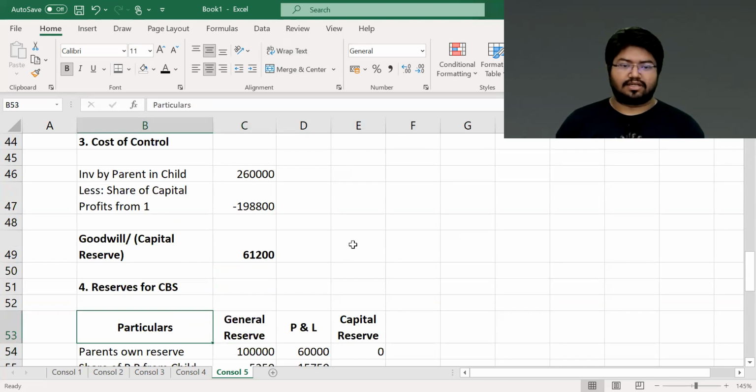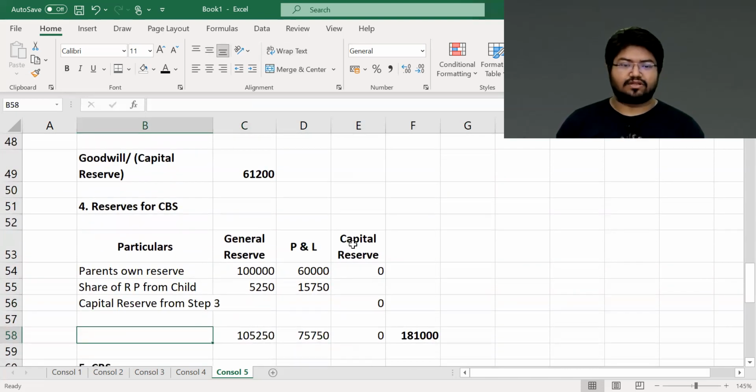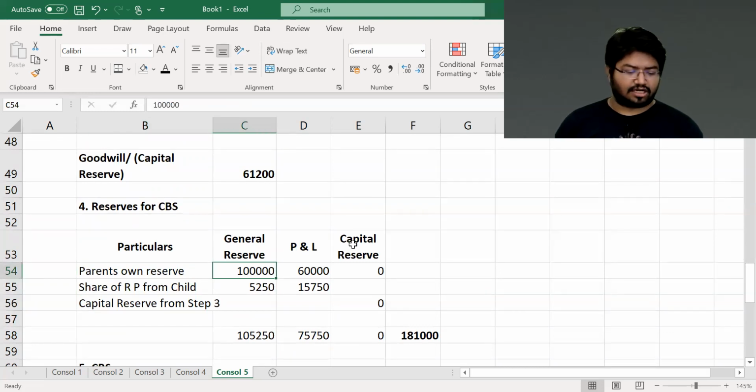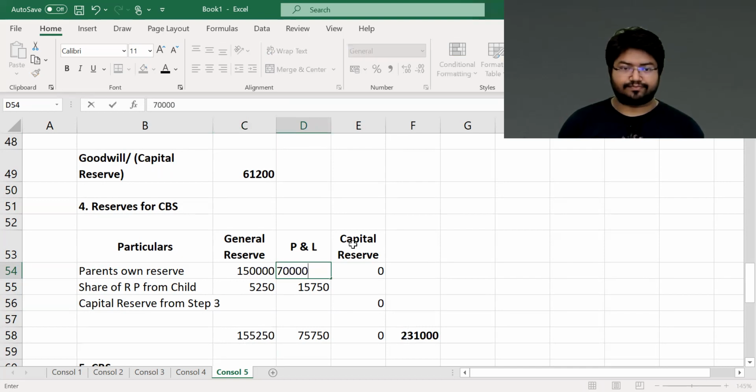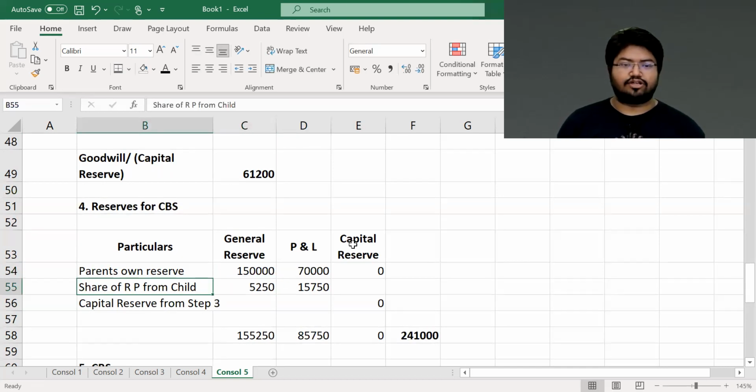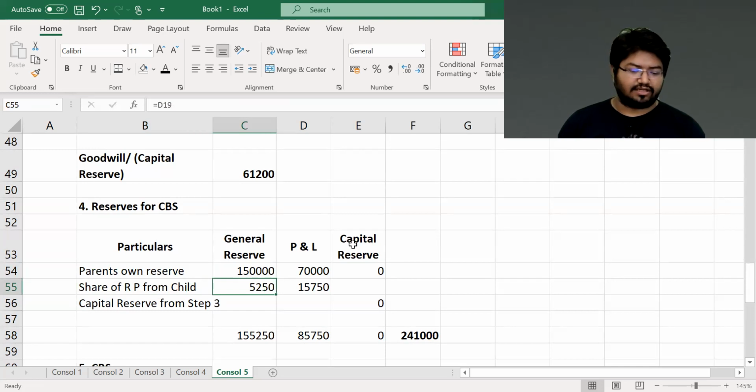Next, reserves for CBS. Please pick numbers cautiously. Parents' own reserves are to be taken. Parents' own reserves are 1,50,000 and 70,000, general reserve and P&L. And then share of revenue profits is 5,250 and 15,750. You don't have any capital reserve.